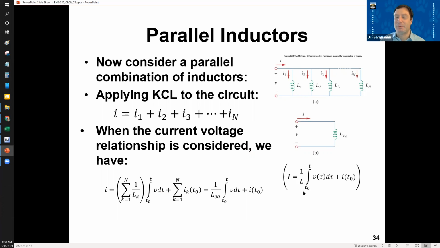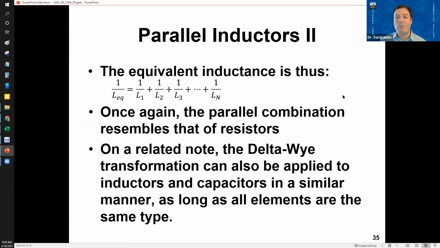So the equivalent inductance is the sum of 1 over each individual inductance, just like a resistor. And this constant term just adds up to whatever the total constant is. So this is just inductance in parallel, the same as resistors. In terms of series and parallel, inductors are treated the same as resistors.